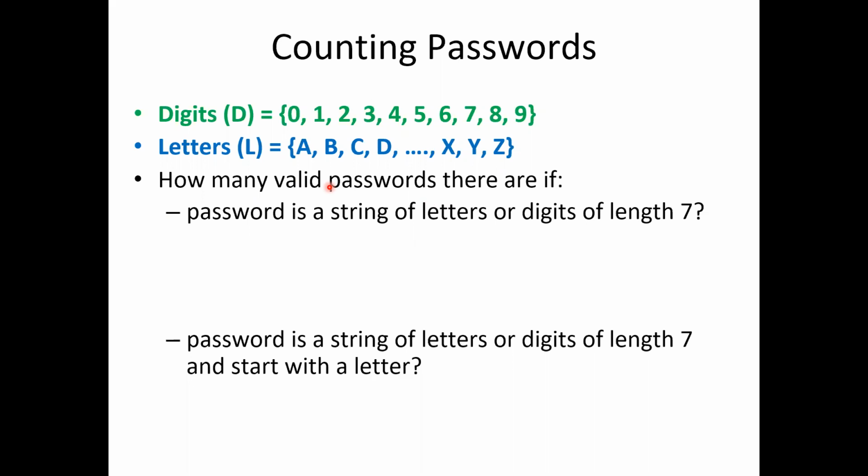Why do they do this? Because then the entropy of the passwords you're choosing is larger. The space of passwords that you're choosing gets larger. So let's see how to count these. Let's say that the password is a string of letters or digits of length 7.